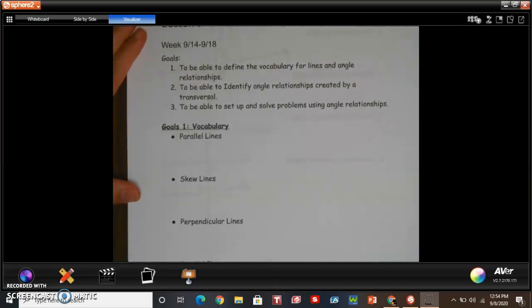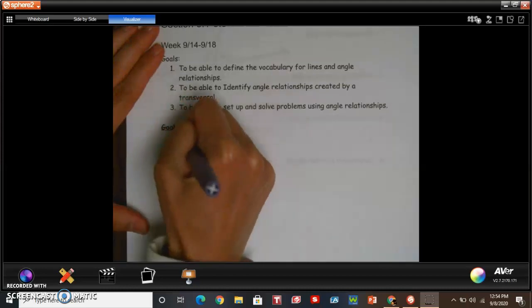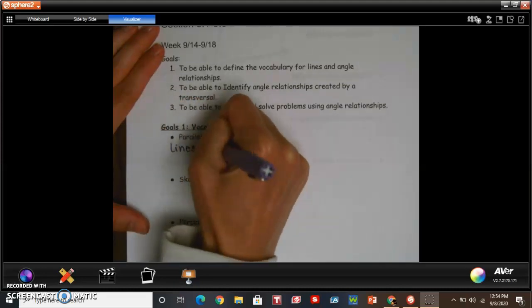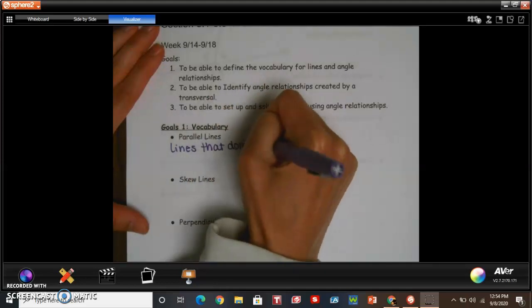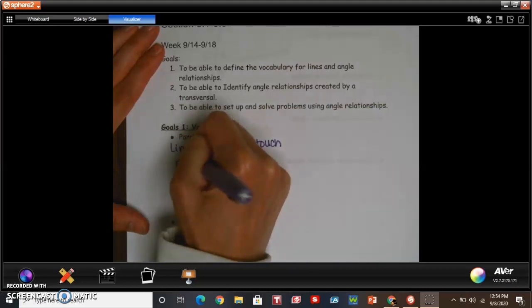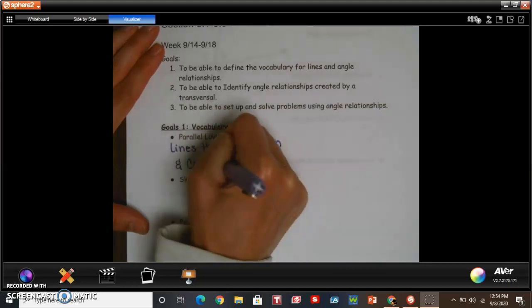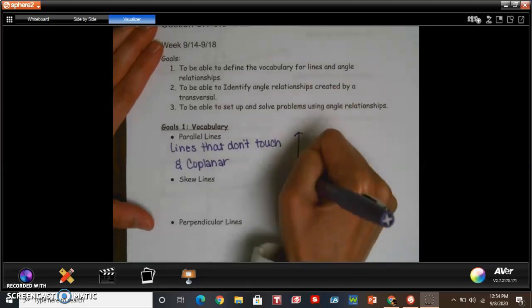So parallel lines. These are lines that don't cross or don't touch and are coplanar. Remember, coplanar means they're going to be on the same plane. An example of that would be lines like this.